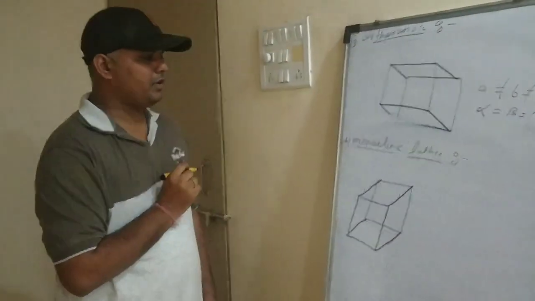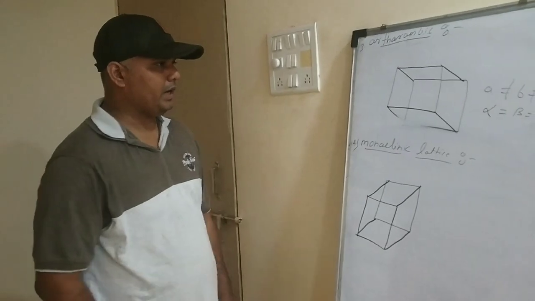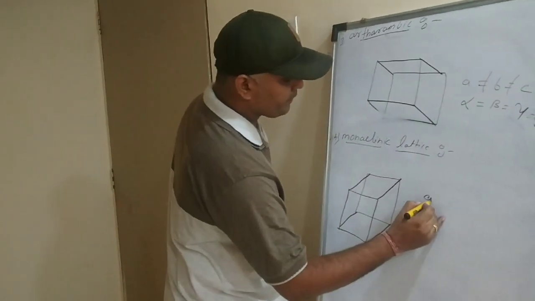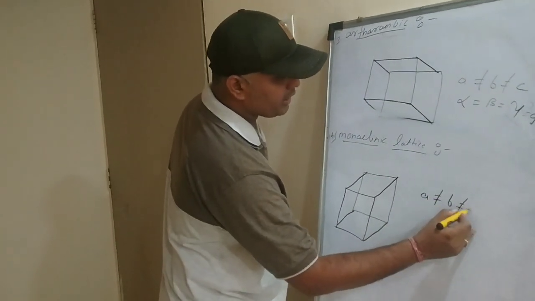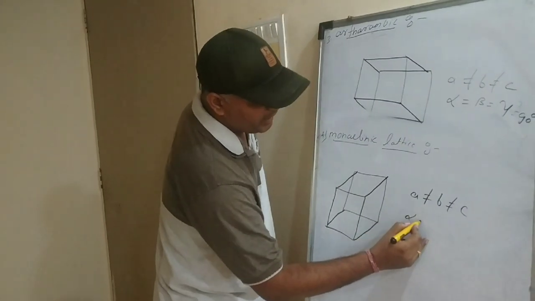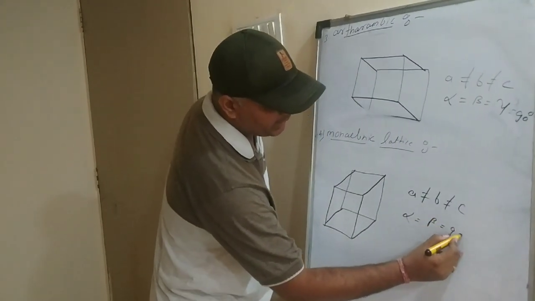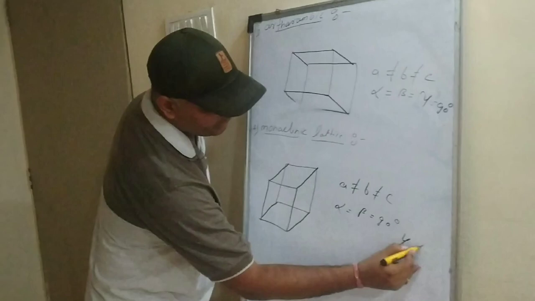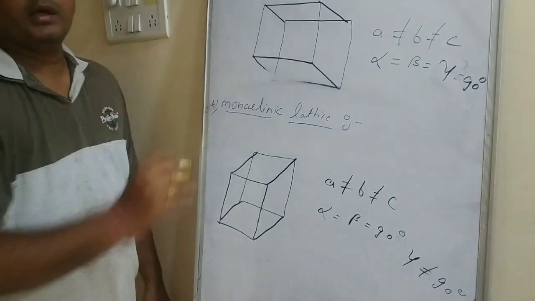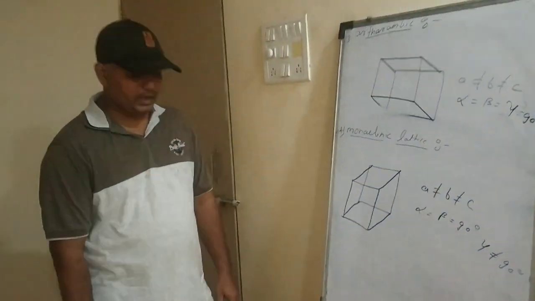Right? So this is how you are supposed to draw the monoclinic lattice. Now in this case, a is not equal to b, b not equal to c, but alpha equals beta equals 90 degrees, gamma not equal to 90 degrees, right? So I hope that you have understood the monoclinic lattice.